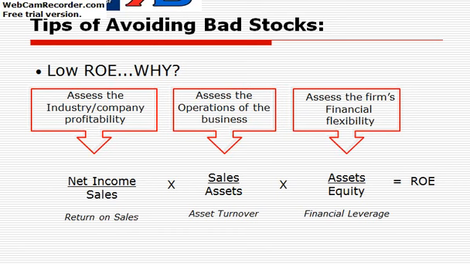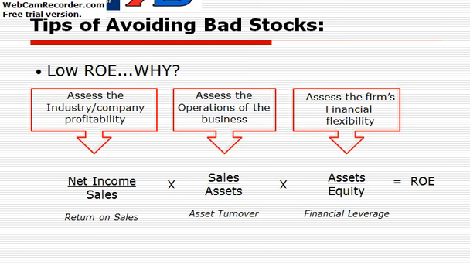So this is the asset turnover ratio. The next assessment is about financial flexibility, or the financial capability of the company. For financial leverage, we look at the assets of the company divided by its equity.